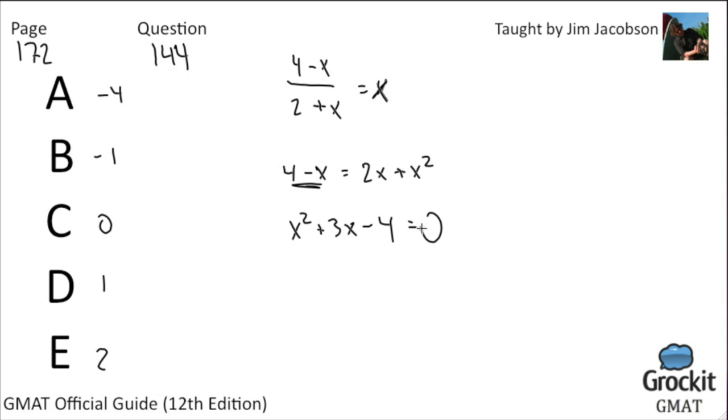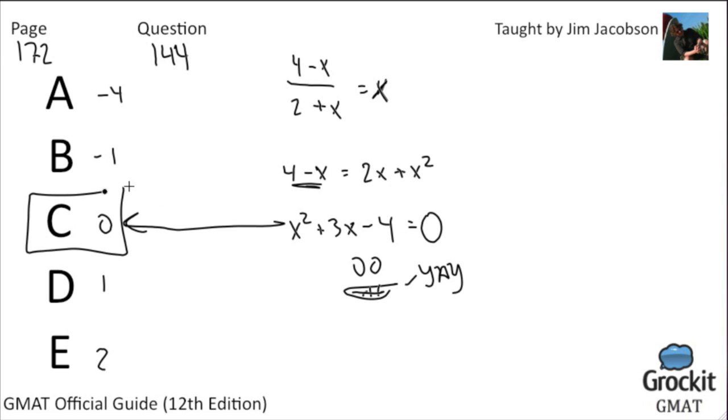So we get x squared plus 3x minus 4 equals 0. Amusingly enough, the question actually asked us, what is the value of x squared plus 3x minus 4? So we can smile and say, yay, because in simplifying the given expression, we went ahead and directly answered the question that they were asking. So x squared plus 3x minus 4 equals 0, answer choice C.